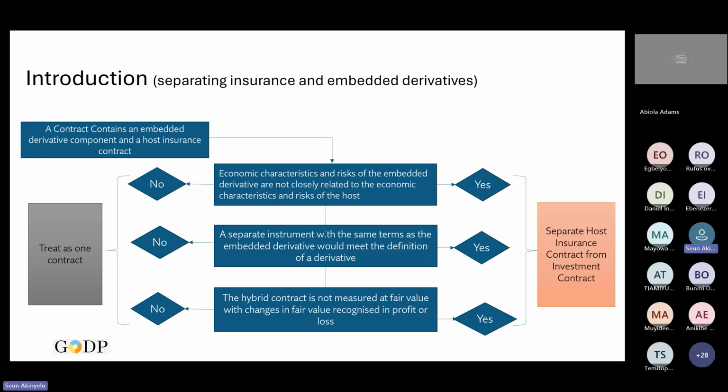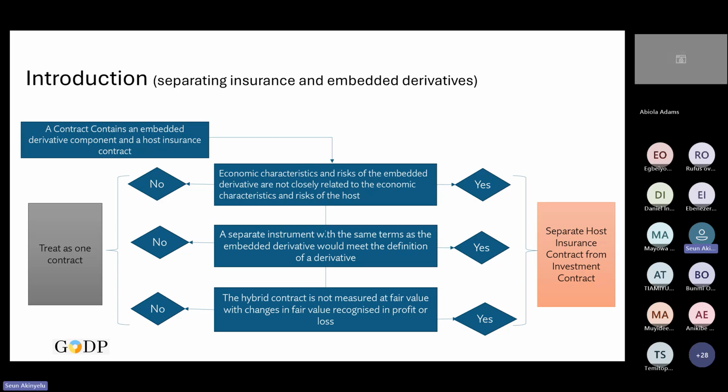So basically, are the economic characteristics of the embedded derivative and that insurance contract closely related? That's the first thing you need to check. If they are closely related, then you will be looking at it as one contract. Now I'm talking about an insurance contract and embedded derivatives that are inside the same thing.